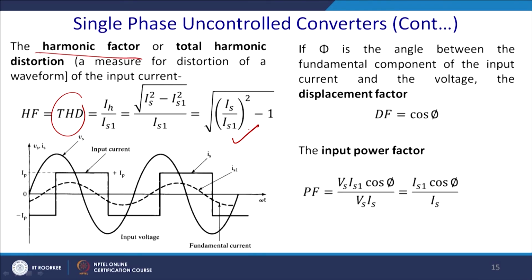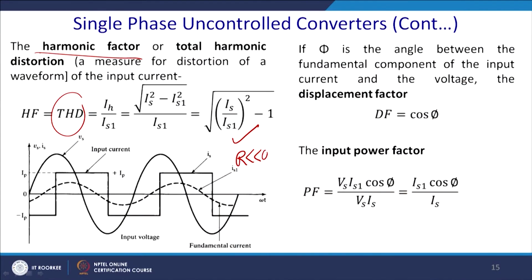Essentially, if it is a very high inductive load, then the input current will take this form, otherwise it will be Vm by R. So, that will be different. This will be applicable when R is much less than XL.